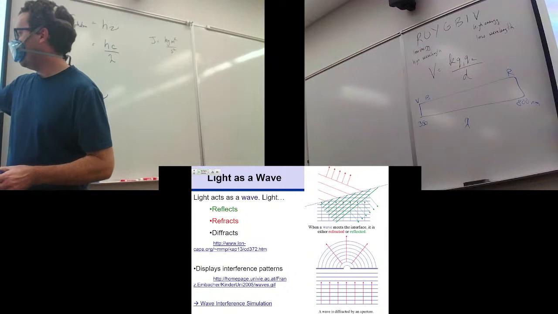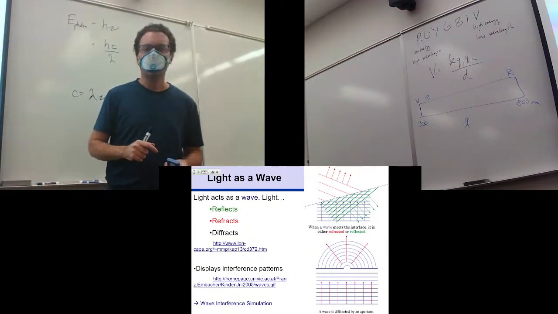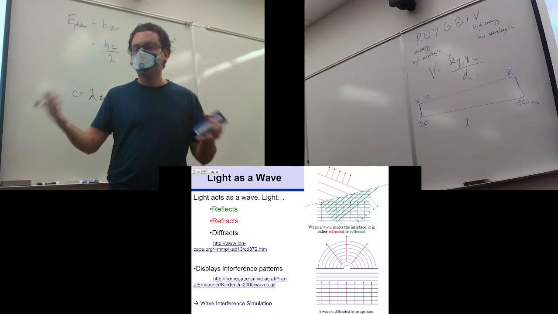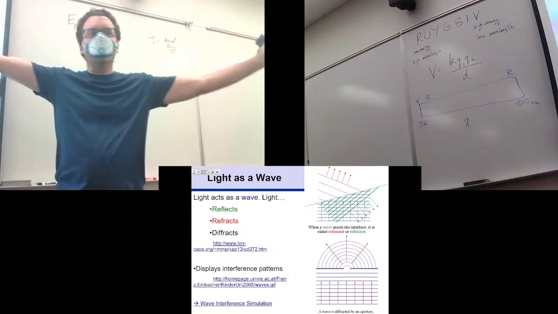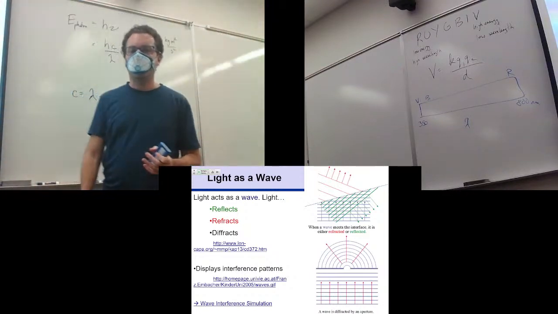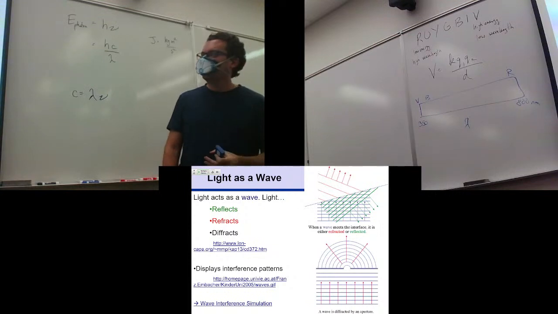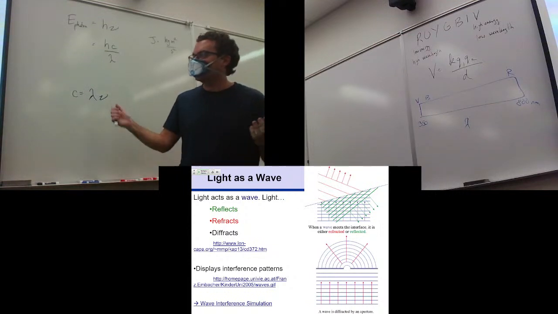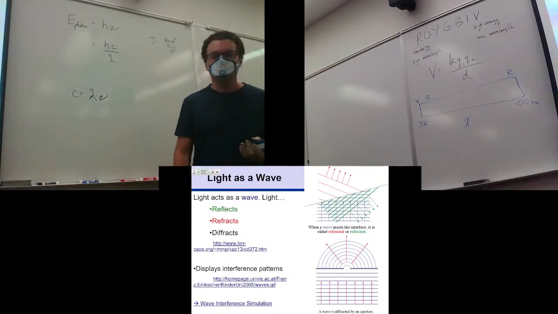Well, anyway, when you have a wave heading towards a wall with a little hole in it, whether it's a water wave or any other kind of wave, as soon as it hits this hole, it'll spread out in all directions. That's called diffraction. And that's what water waves do. And it turns out light does the same thing.